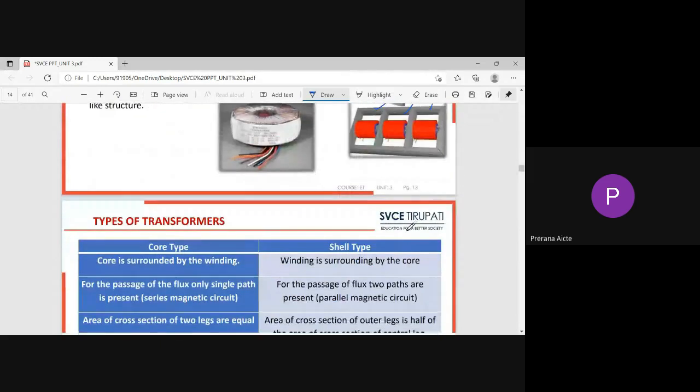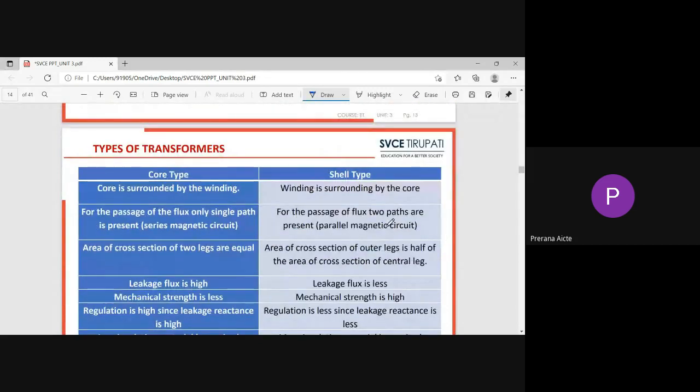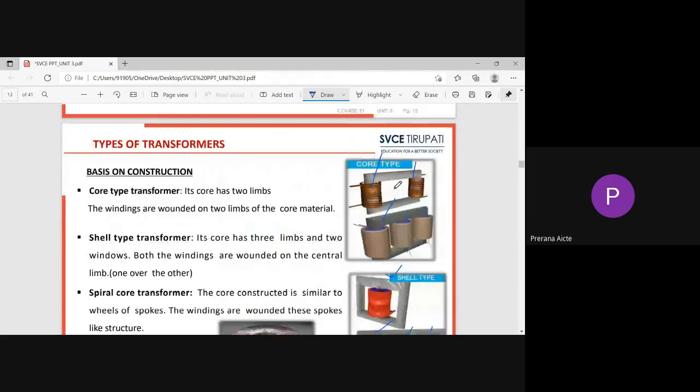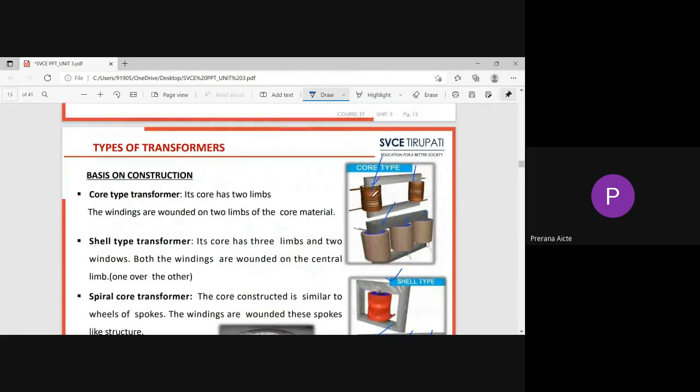There are main differences between the core type transformer and the shell type transformer. Here this is the core, and the core is surrounded by the winding.